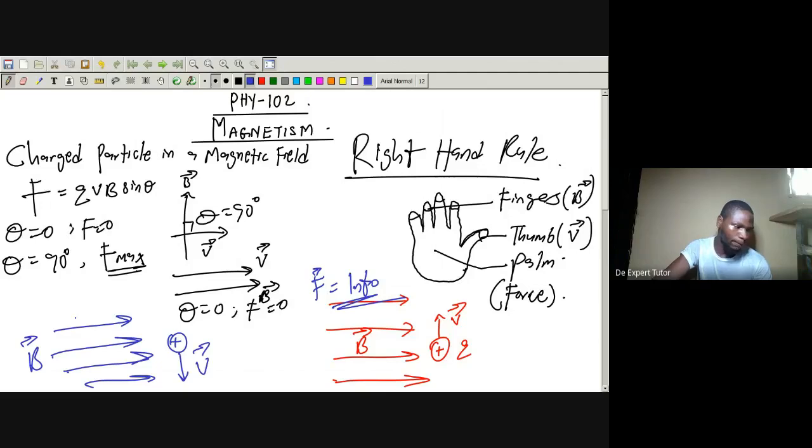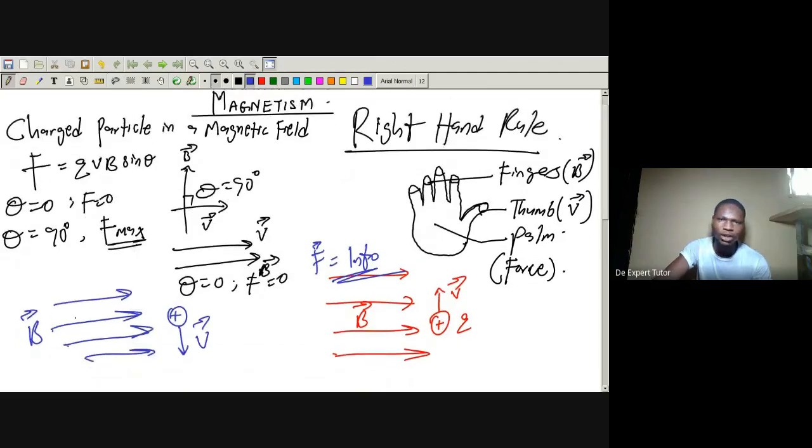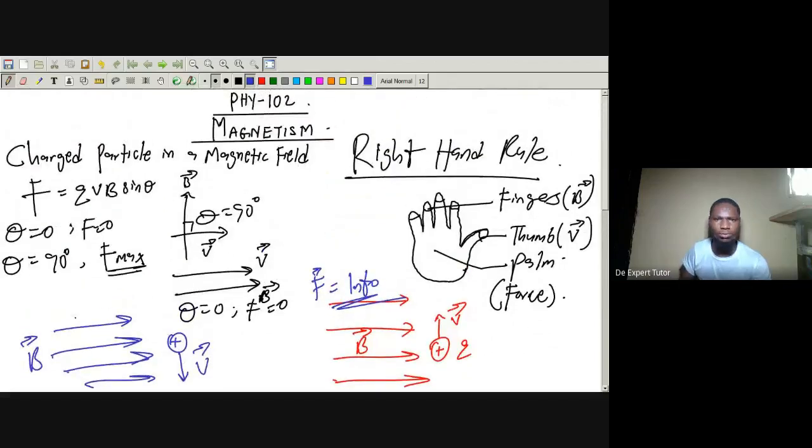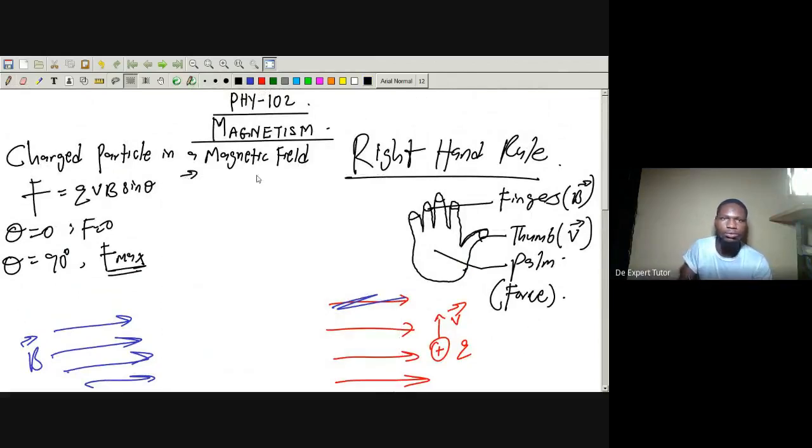Are we together? Yeah. Okay, what if you are given something like this? Check this one out. This one is a little bit trickier. You have something like this.